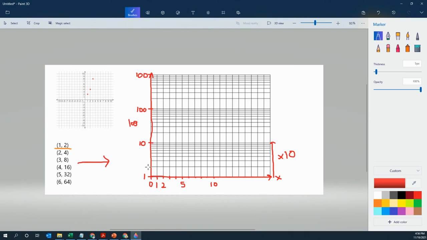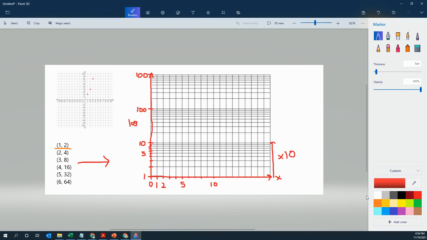And that's very convenient because your 2 is here, your 3 is here, your 4 is here, your 5 is here, 6, 7, 8, 9, and then 10.